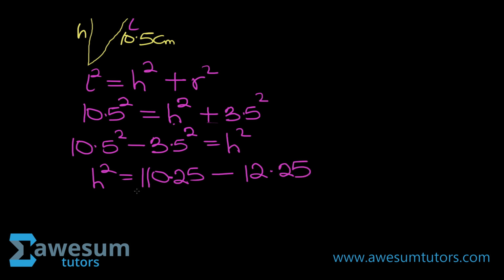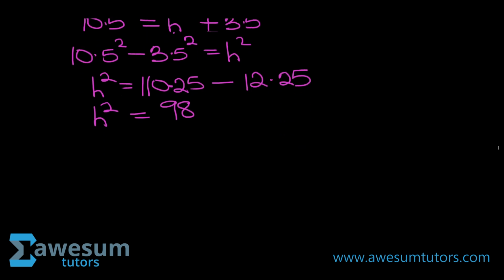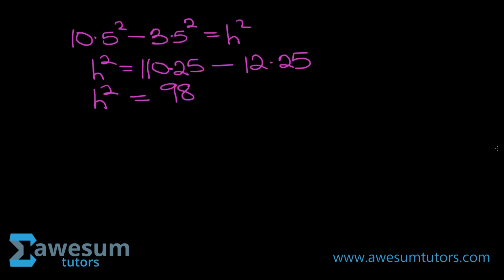Now, if you subtract 110.25 minus 12.25, use your calculator, that is going to give you 98. So that means my H squared equals 98. Now, if you remember your change of subject, you are trying to find H, right? And the H has a square. How do you take away the square? You will take square roots.